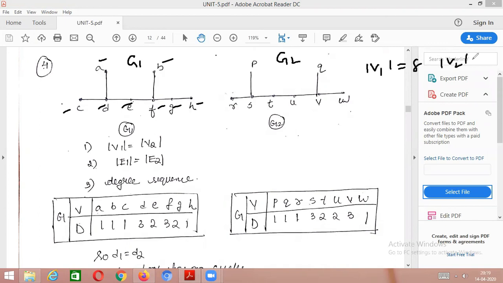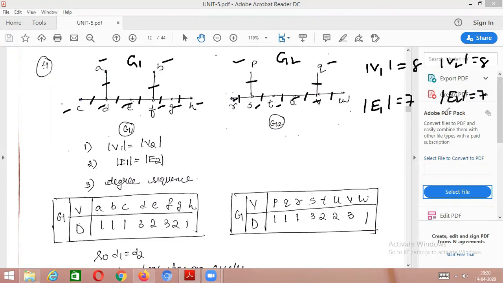For the second graph V2, the number of vertices is 1, 2, 3, 4, 5, 6, 7, 8. So the vertices are the same. Next we come to the number of edges. How many edges? Check it. 1, 2, 3, 4, 5, 6, 7. 7 edges. Here also 1, 2, 3, 4, 5, 6, 7, 7 edges. So vertices and edges are the same.